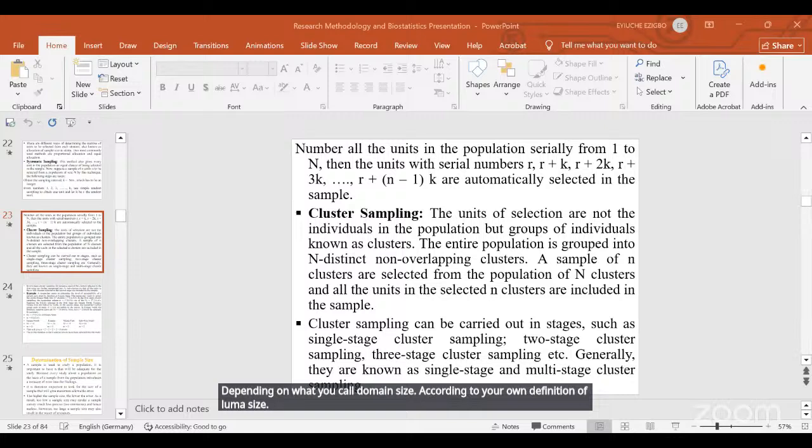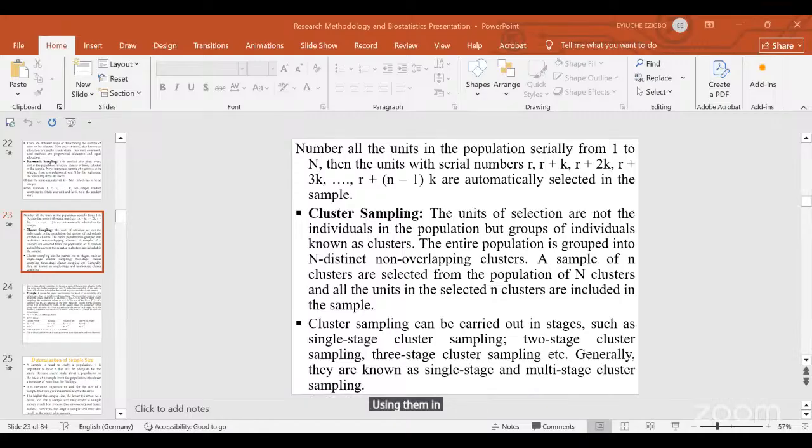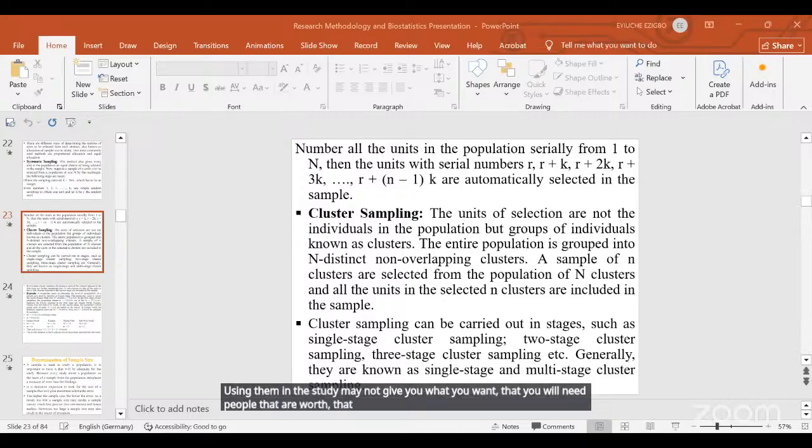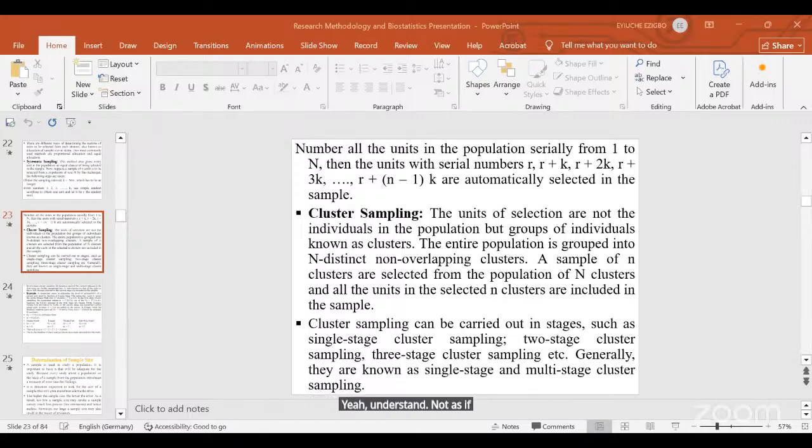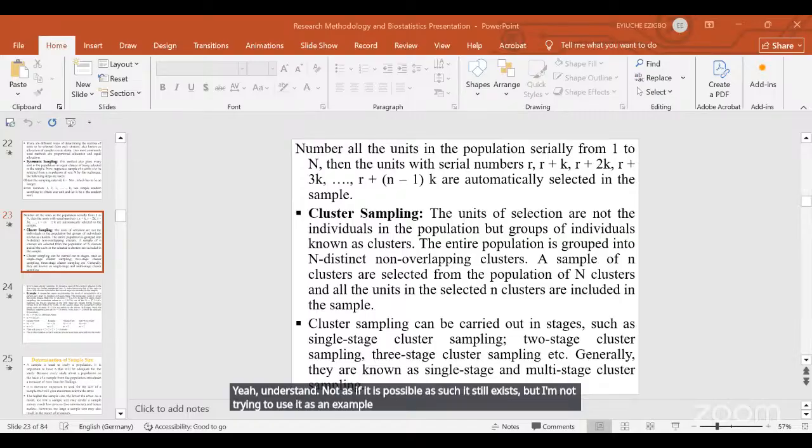You have known that they will not give you what you want. Using them in the study may not give you what you want. You will need people that are what? That are smaller in size. Do you understand? That is, if it is possible that such a thing exists. But I'm just trying to use it as an example to present quota sampling.